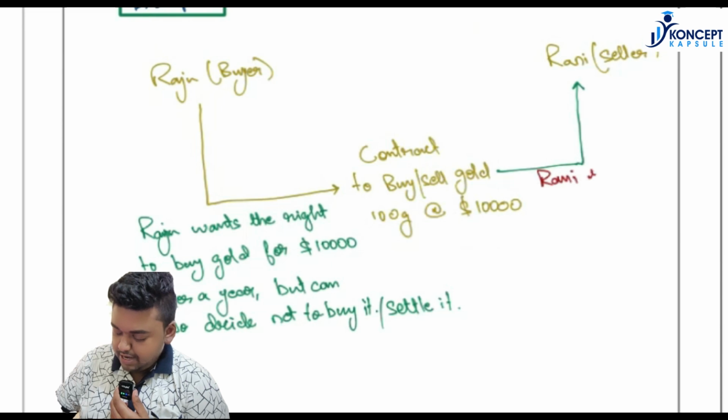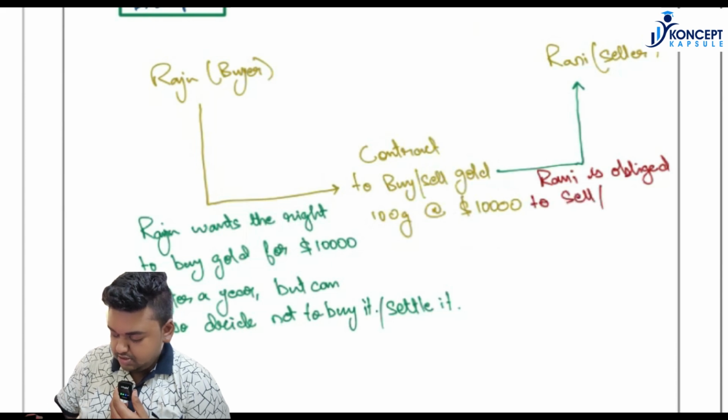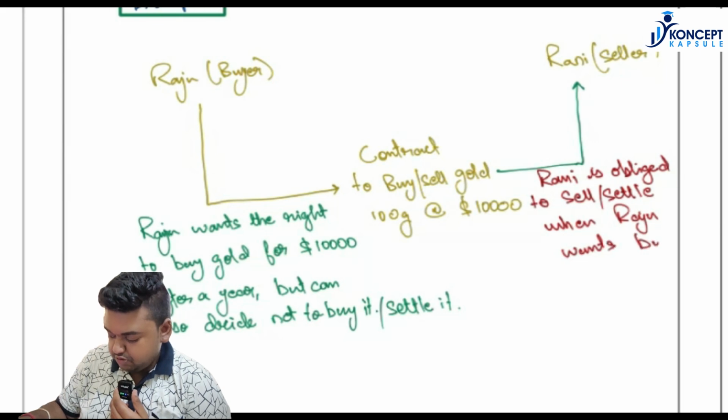Rani is obliged to sell or settle when Raju wants, but cannot enforce the contract.